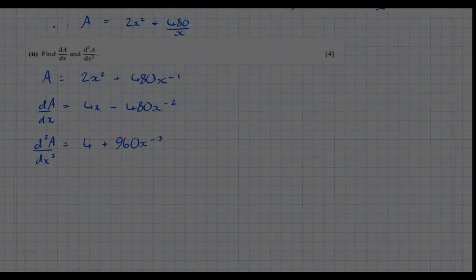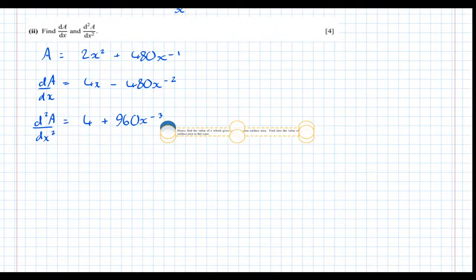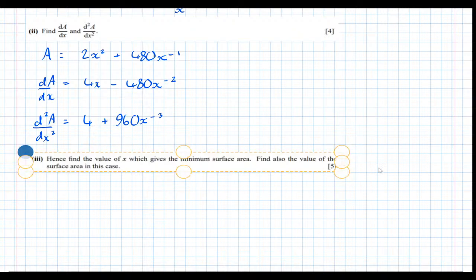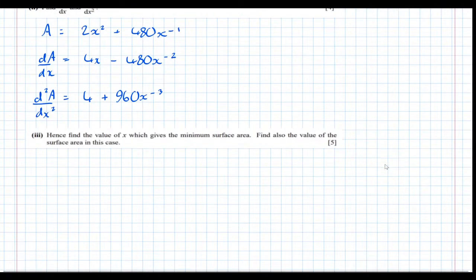So learn from what we did before, hence find the value of x which gives the minimum surface area. So there's that part of the question there. So remember what we did. We set the differential to 0 to find the stationary point.